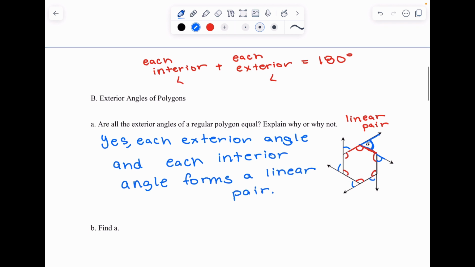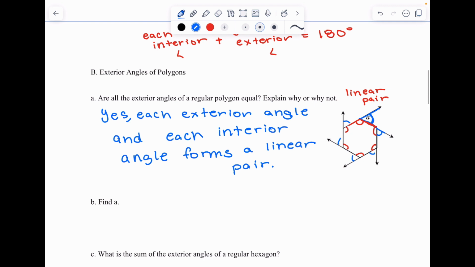So in part B it says find A. Well, if I can find the interior angle first, I can just subtract the interior angle from 180 to figure out what the exterior angle is. So this looks to be a 1, 2, 3, 4, 5, 6-sided polygon.